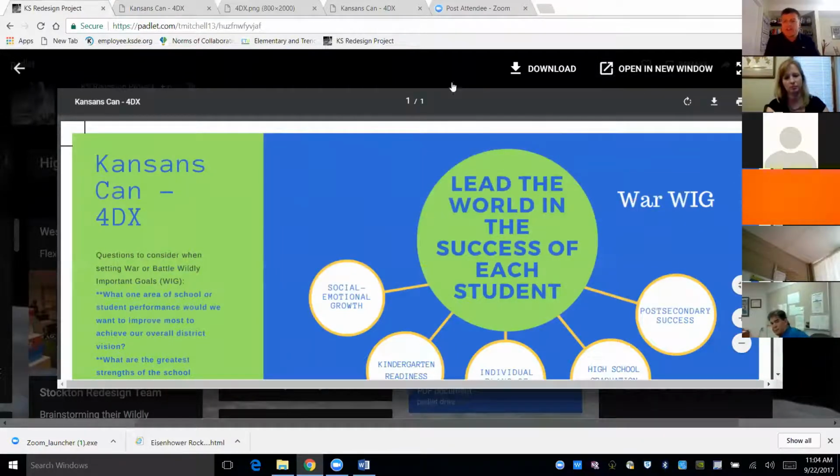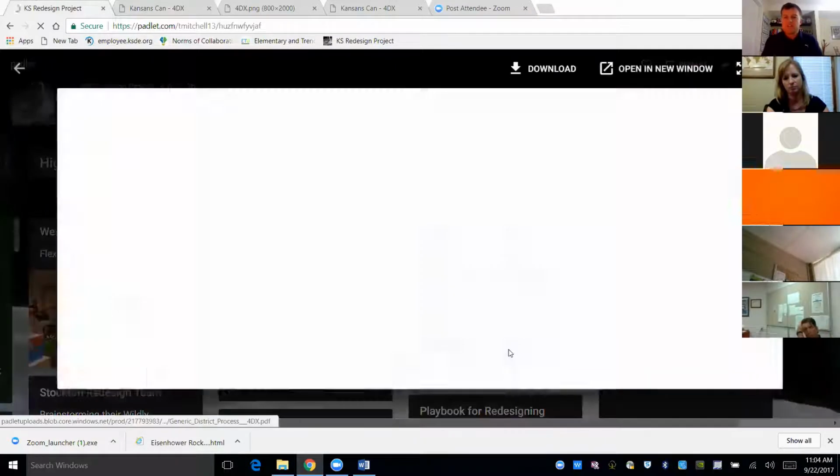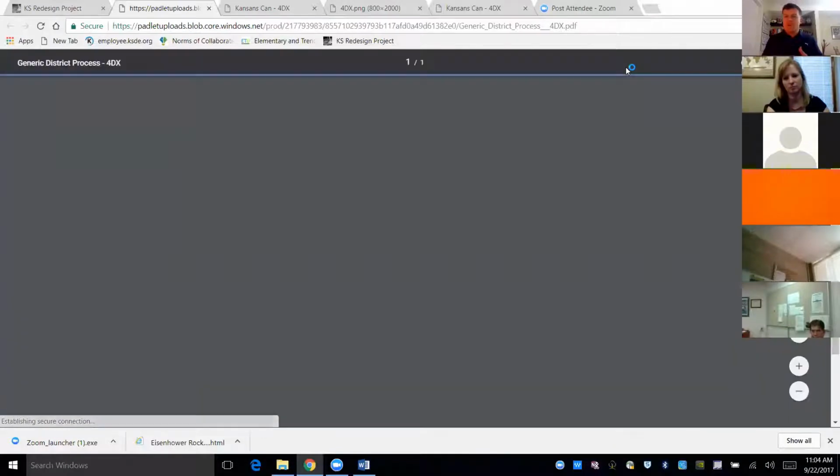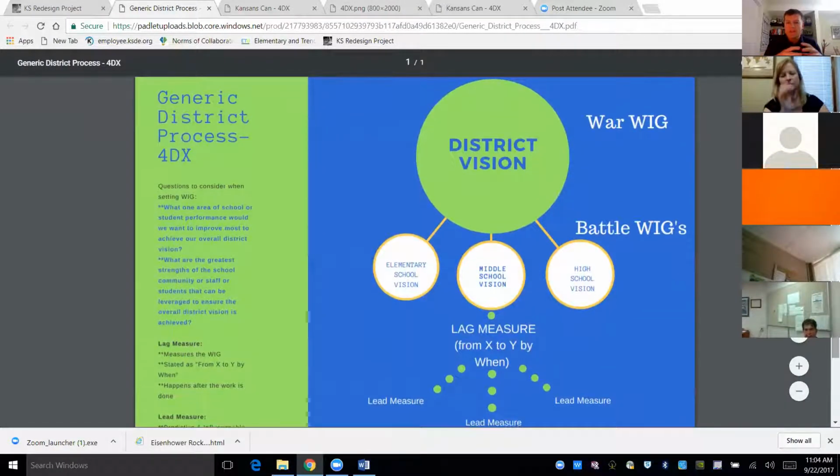So one more example, Tammy, if we go back to how it would look, this is just a generic look at this as a district. This informs our work through the redesign, but the district vision is the WIG, and then each of your school levels have battle WIGs, and that's what schools right now are working on.